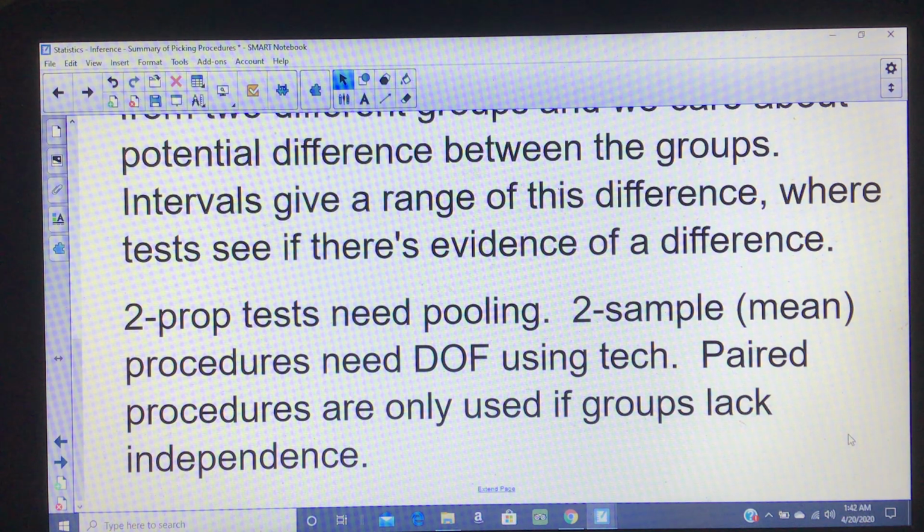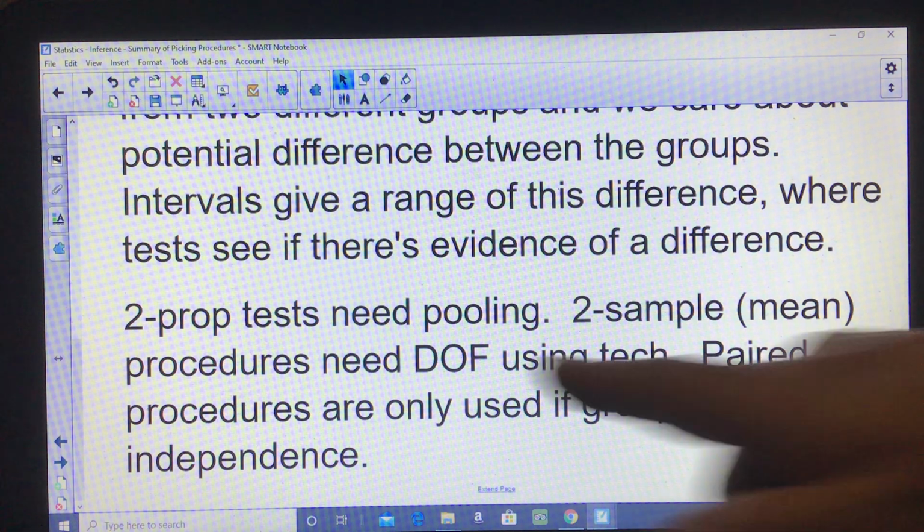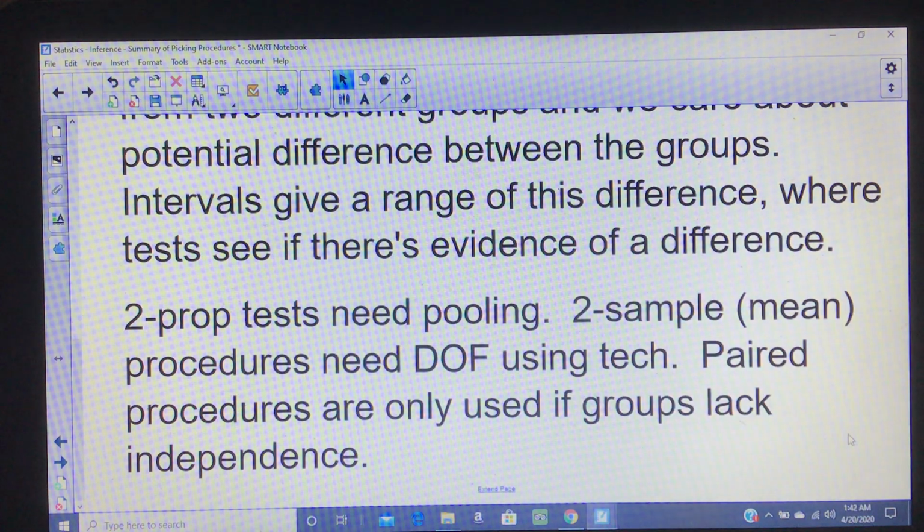But if you need to answer questions by hand, make sure that you're aware from the video I did on what pooling is. It's not needed for two proportion intervals, but it is needed from the logic of the two proportion test. So if you're not sure what this is, make sure you go back and review that. So two proportion tests need to be pooled. Two sample mean tests don't need pooling. The calculator can pool them, but it's not required. In fact, don't do it.